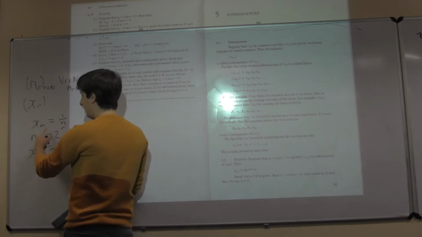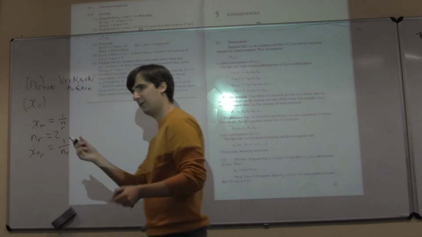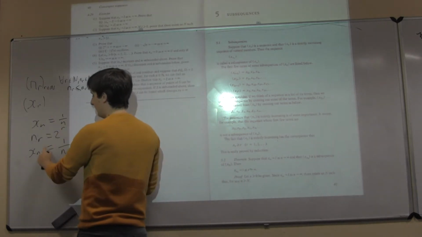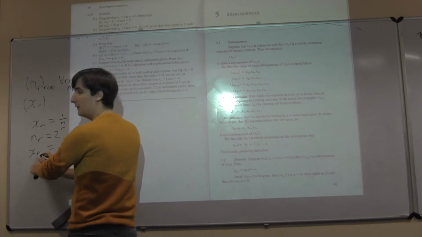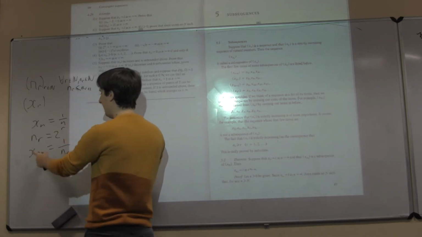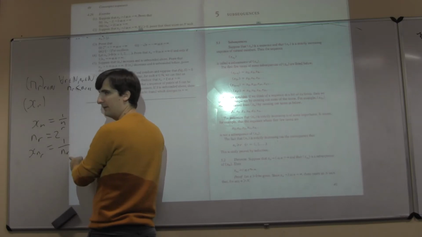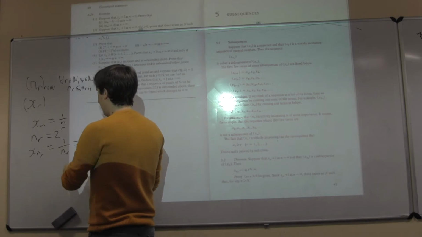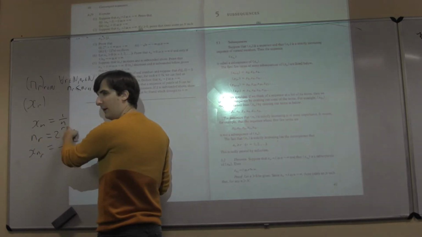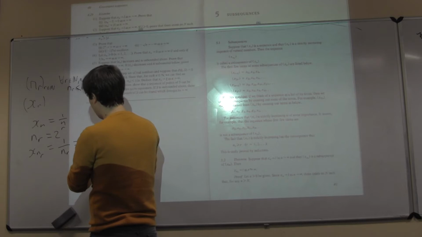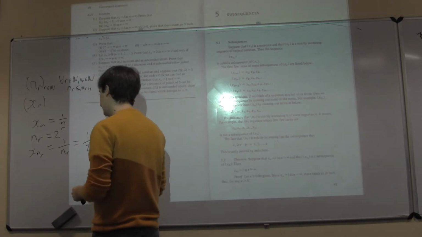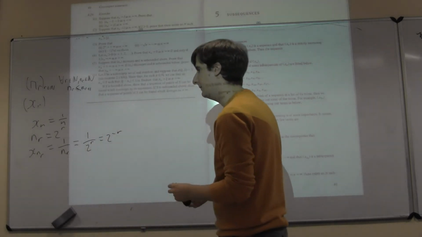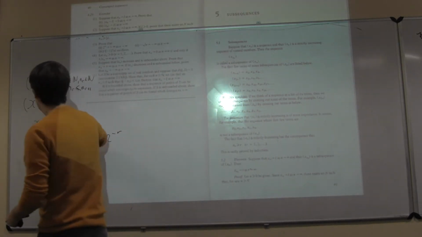You can think of sequences as functions that map from the integers to the real line. So here we're evaluating x at this value n sub r, so x of n sub r is 1 over n sub r, and we know that n sub r is 2 to the power of r, so this is 1 over 2 to the power of r. So it's the same example as what we just saw.